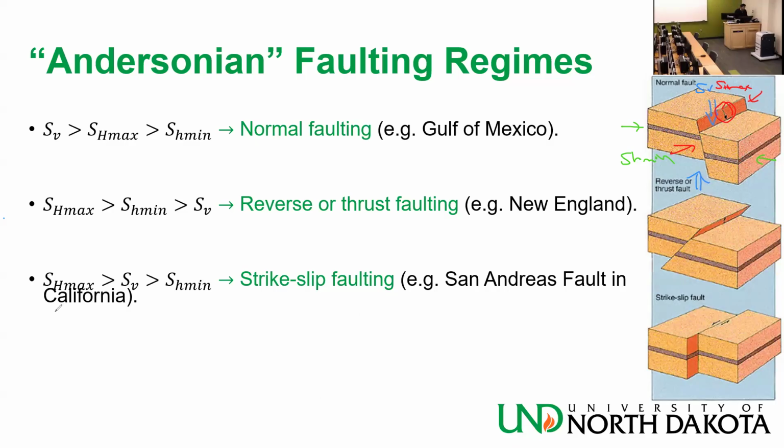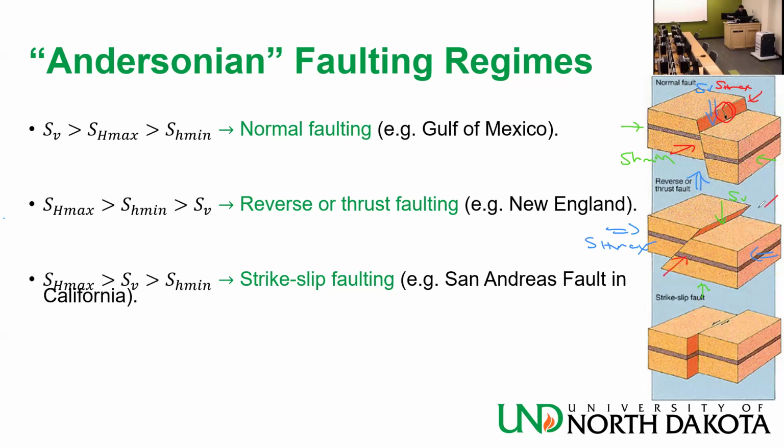In reverse faulting, I have the opposite. The least compressive is the SV, and the most compressive is from the side, SH max, right? SH mean is in the middle.